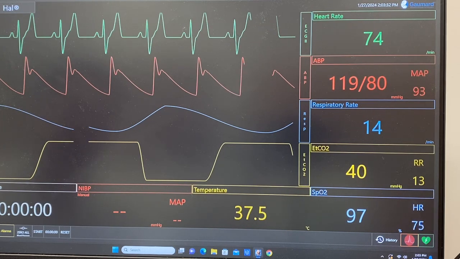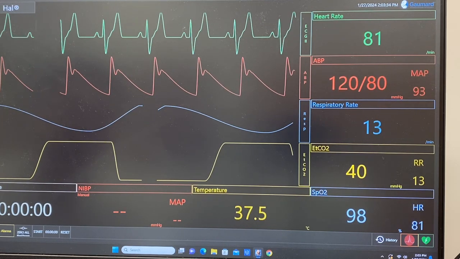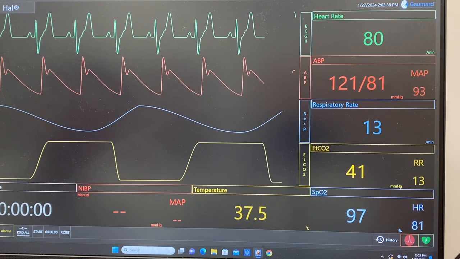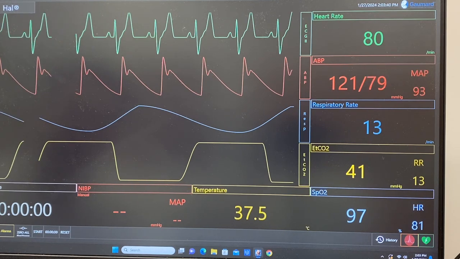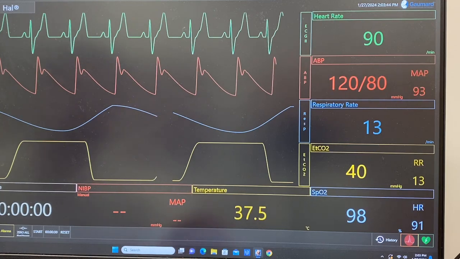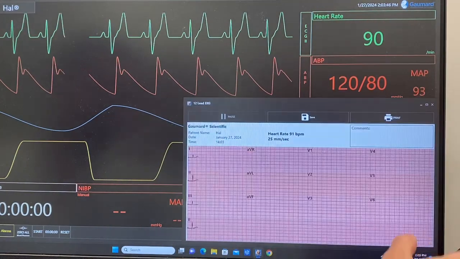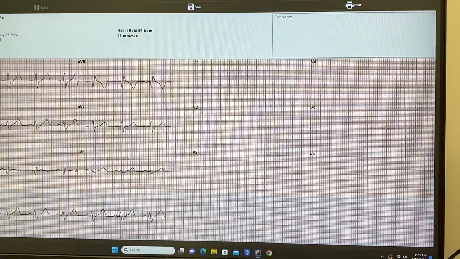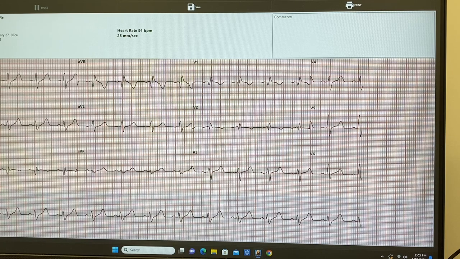Okay, so analyze. You can pull your EKG if you want. Let's see if it actually shows what I want it to. That looks like it does. It's not as definitive.